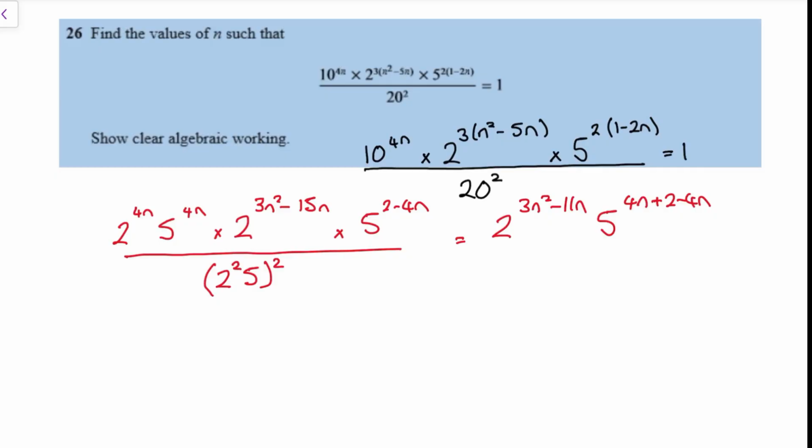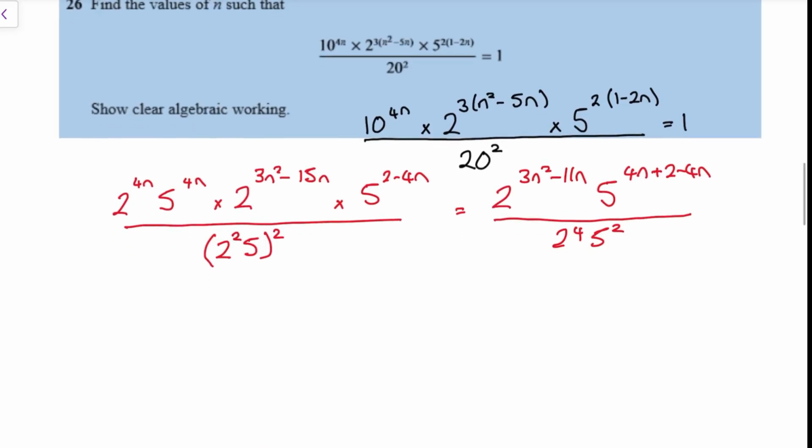When I'm doing one of these questions, I'm already feeling a little bit better because I can see that 4n minus 4n cancels out, which makes the 5 a little bit easier, because I did wonder how I'm going to solve this with two different n's in different places. Let's tidy the bottom up. I've got 2 squared squared, which is 2 to the power of 4, and I've got 5 squared. Again, I'm not working out any of these numbers. I'm keeping them all in powers because I'm hoping that they're going to cancel out or give me something nice and easy to do.